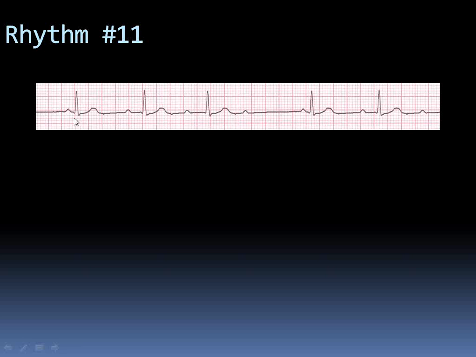Once again, the PR keeps prolonging. Short, long, longer, dropped. Short, long, longer. The PR interval keeps prolonging. This is short PR. This is longer. This is even longer. And then there is a dropped QRS.